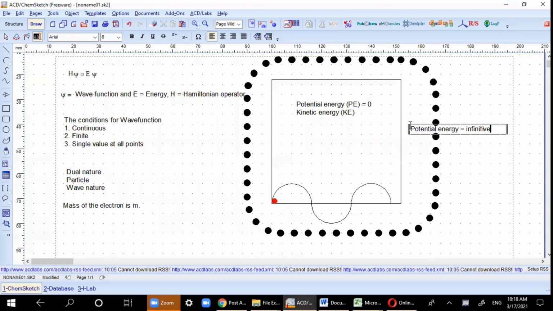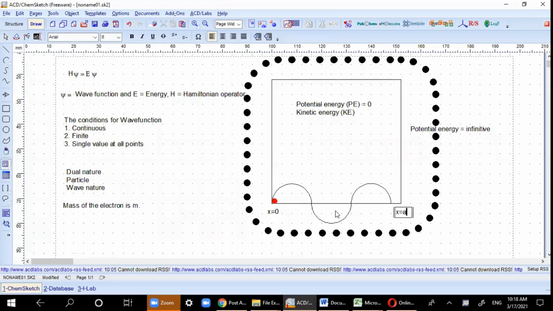One more condition is, we are assuming that this is a wall, that is a one-dimensional box wall. Let us assume here x is equal to 0 and here x is equal to a. That means the length of the box is a.